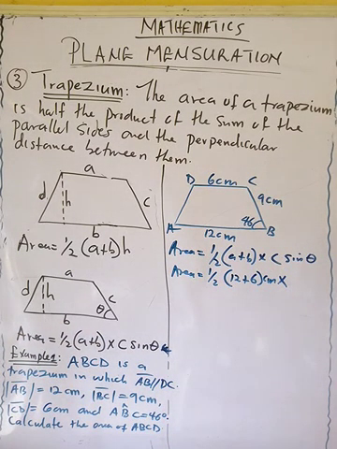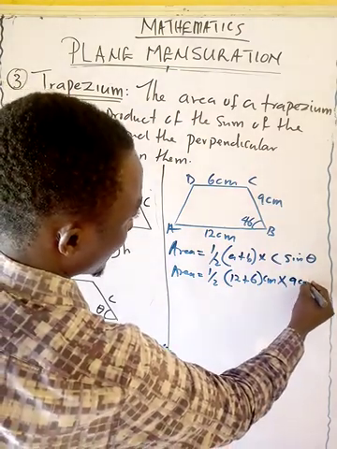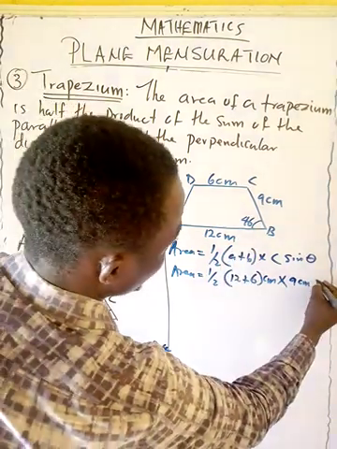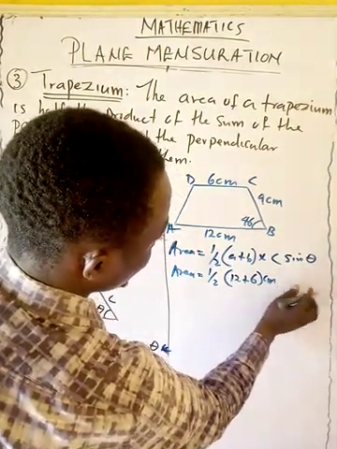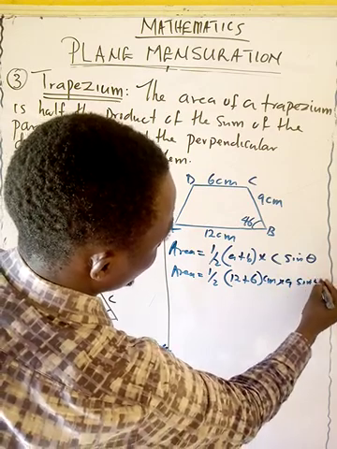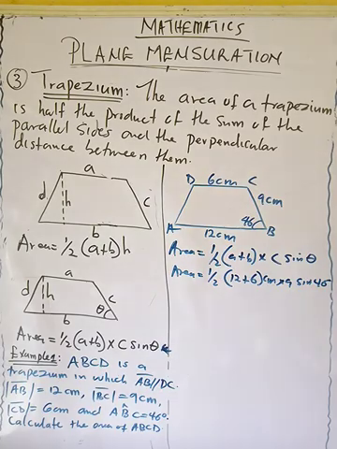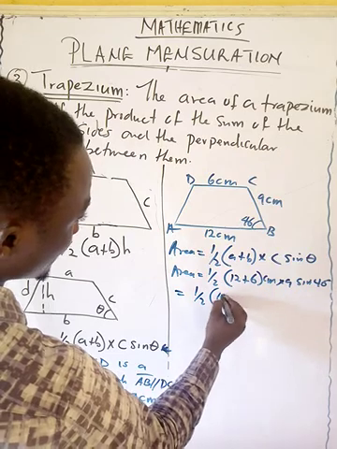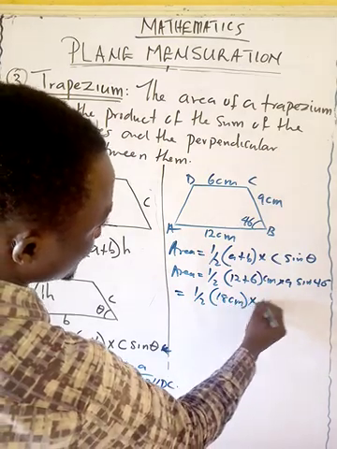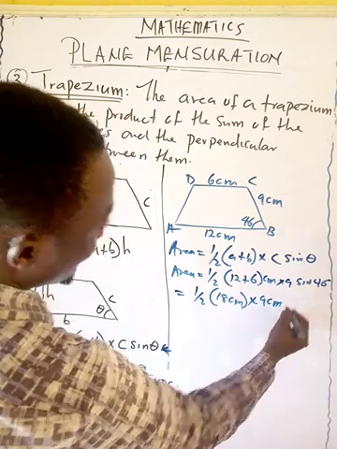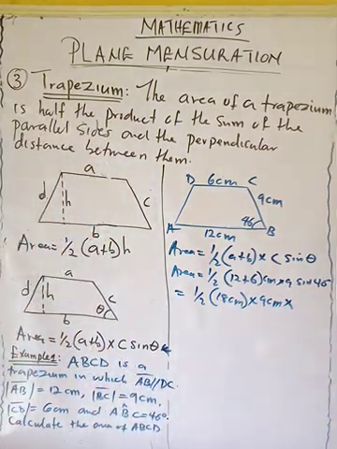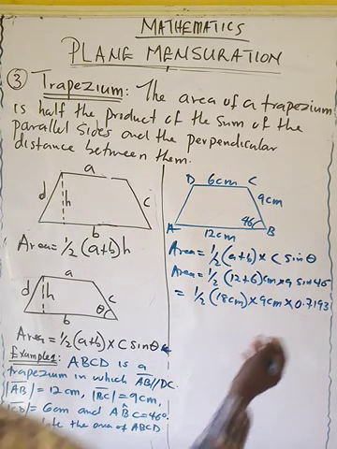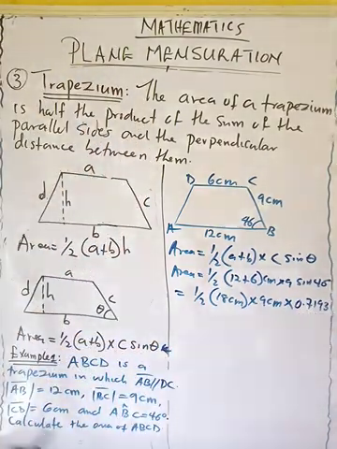Our C now will be 9 centimeter, then sine 46. Okay, let me double check. Times 9 sine 46. So from here, what we have is half the bracket of 18 centimeter times 9 centimeter times sine 46. So let me check my figure table. You can as well use your calculator. Just press sine 46. You have this figure.